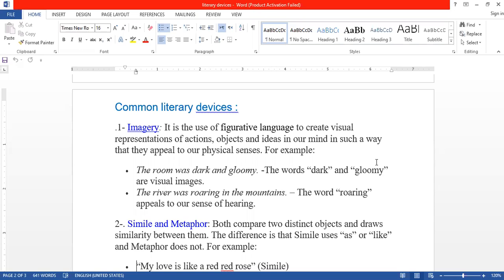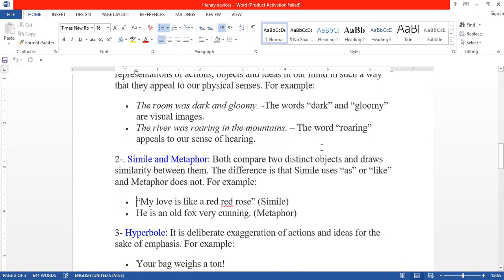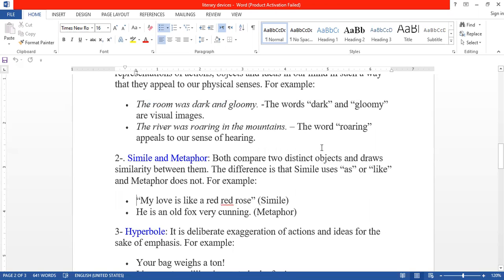For example, you will feel scared, or sad, a feeling of unrest, a feeling of anxiety, something like that. So this is what we call imagery. You are creating a certain image in your mind. Is it clear? Yes, it's clear.